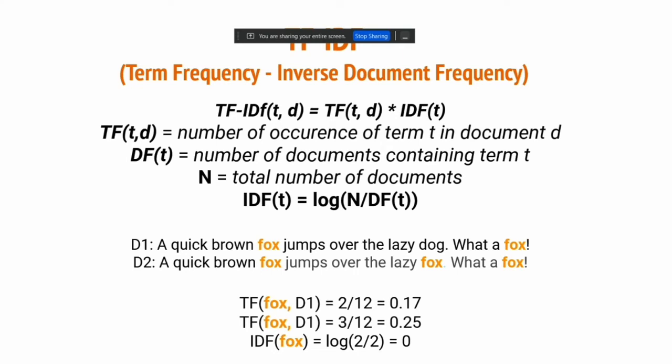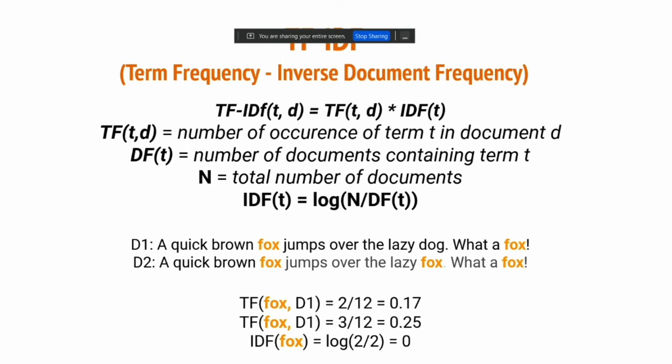Inverse document frequency can be described by a simple formula. For example, IDF for a term T in a document corpus D is log of the number of documents plus 1, divided by the document frequency of that particular term plus 1.